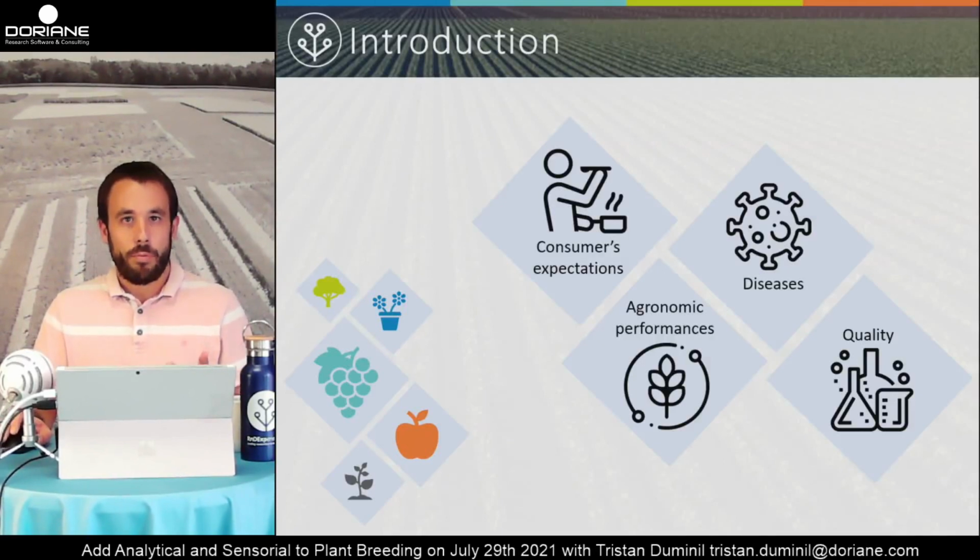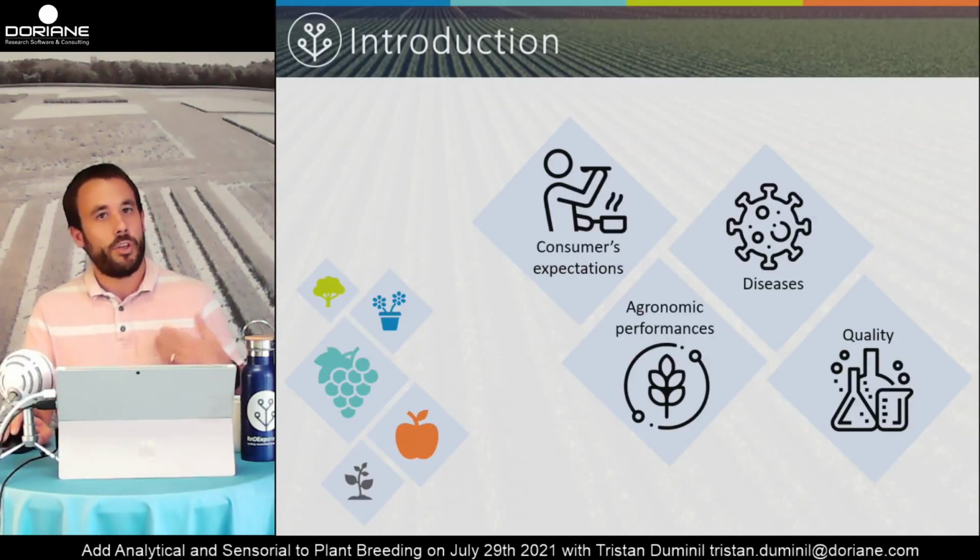As any crop, the food product-oriented crops are bred with the objectives of increasing agronomic performances, for sure, to sustain the crop productivity.